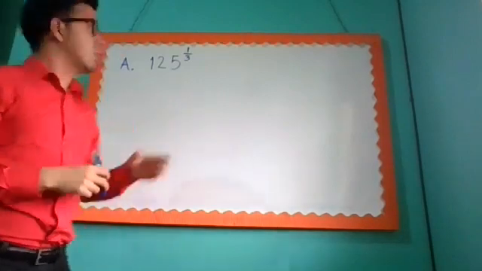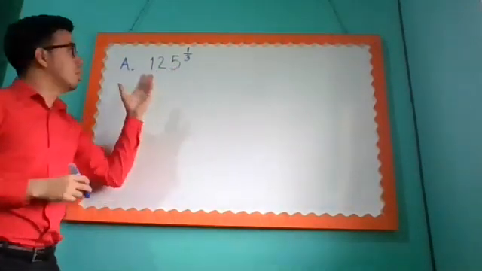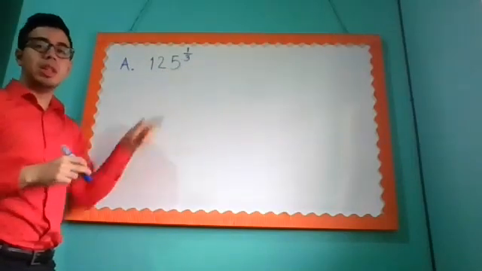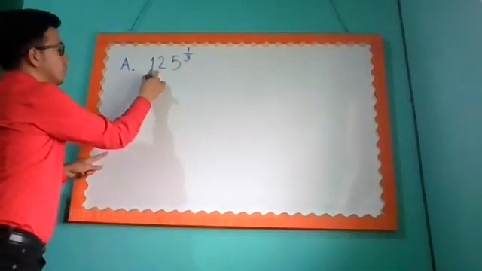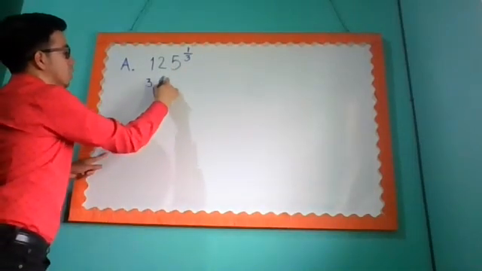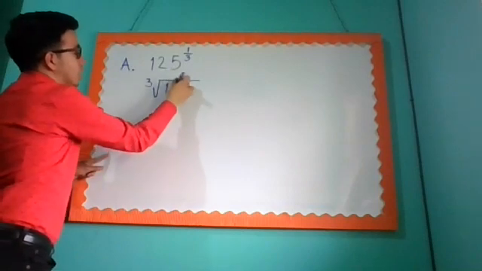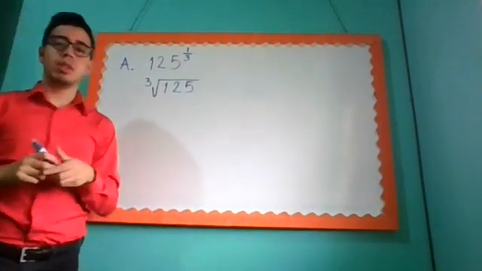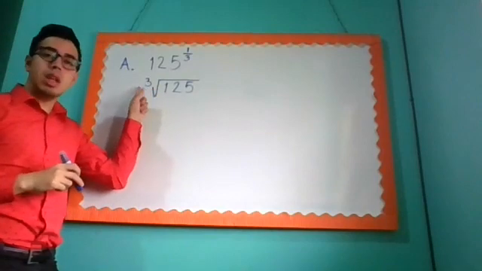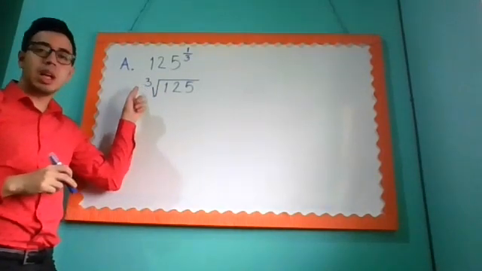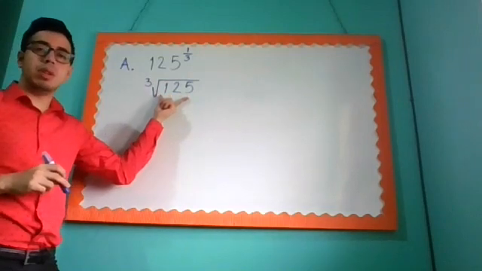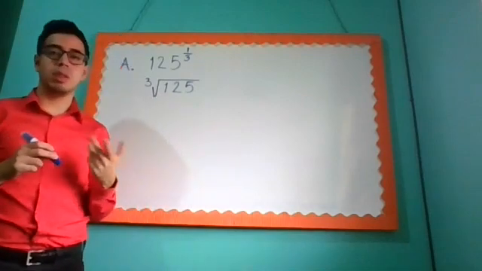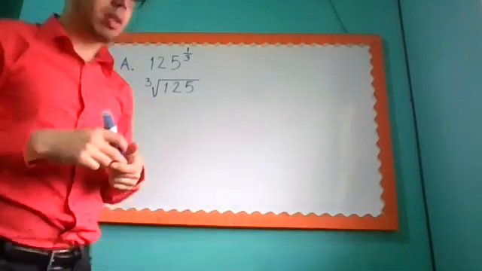Then you write the 125 inside the root, only that you write the number 3 in the index. So what you have is the cube root of 125. If you want to simplify more, we see if there's a number that multiplied 3 times is equal to 125. That number is 5.